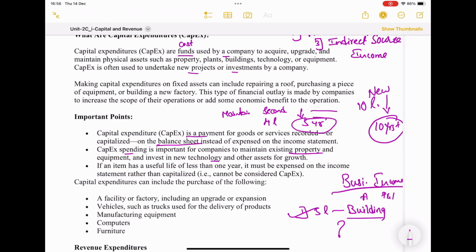So what are we supposed to do? Exclude this amount from the P&L account. This we have to calculate. If you don't know this is a capital expenditure, then what will you do? Just tell me. We will simply ignore this and move on with the problem, and the entire problem will be wrong.